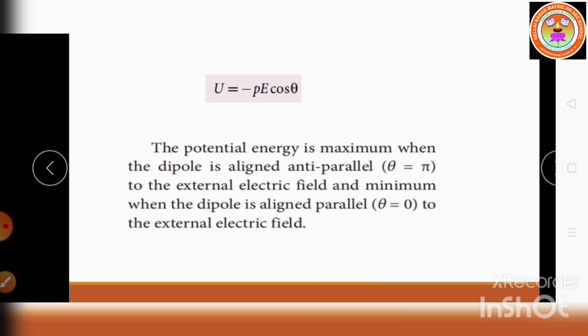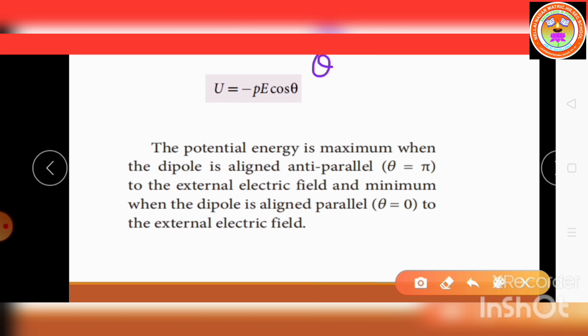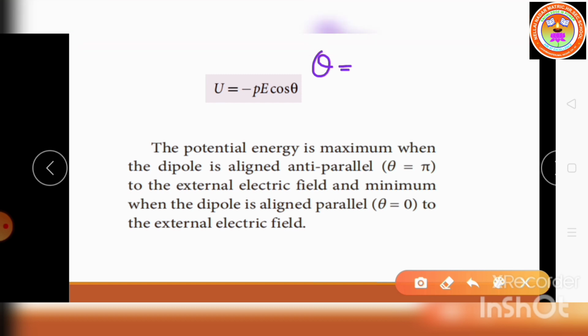Now we come to the important one mark question. We have taken the final equation U is equal to minus PE cos theta. Now children, here we are going to take three cases. The first case, theta is equal to 0 degrees, that is aligned parallel. Next, theta is equal to 90 degrees, aligned perpendicular.